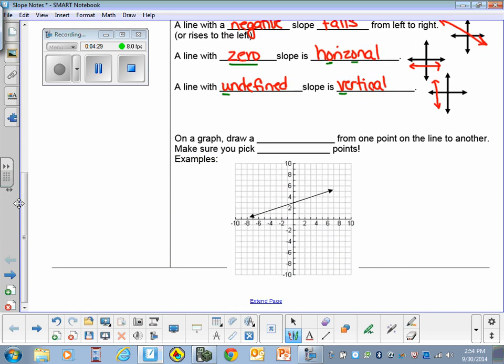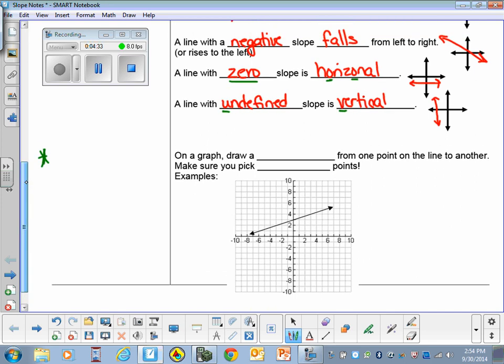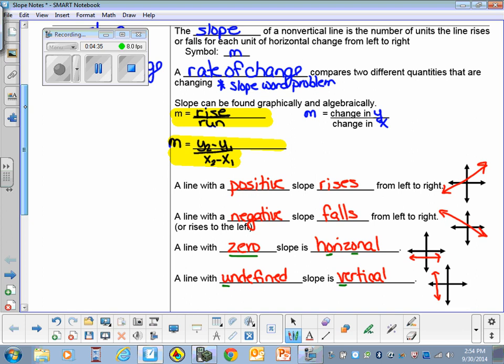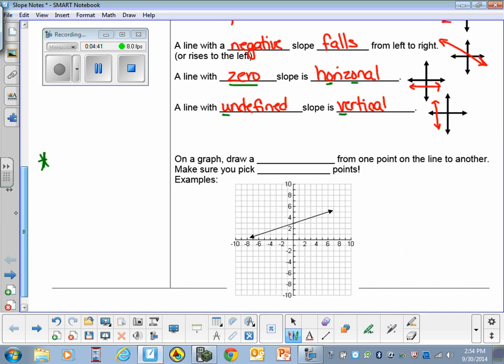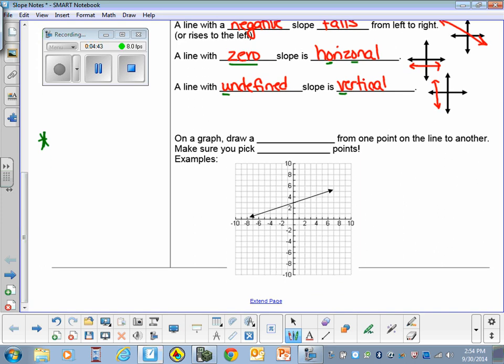So how do you find slope on a graph? On a graph, draw a right triangle from one point on the line to another.